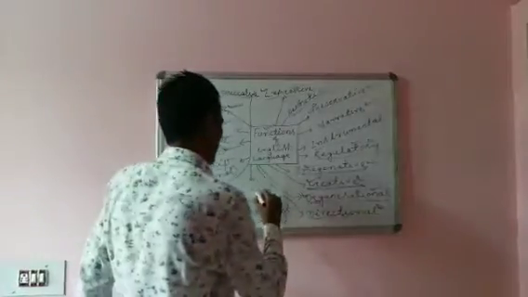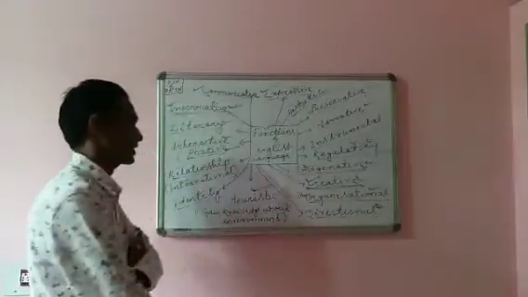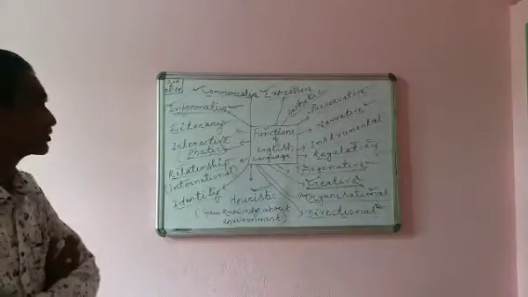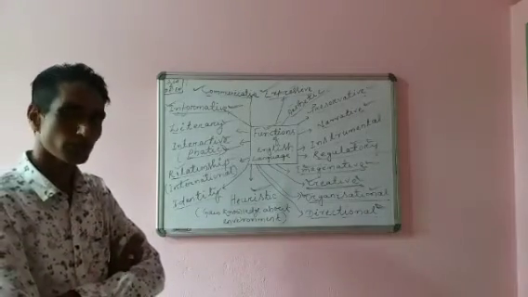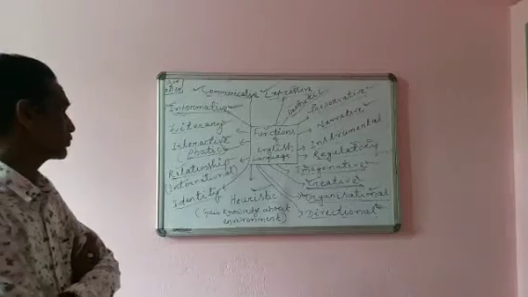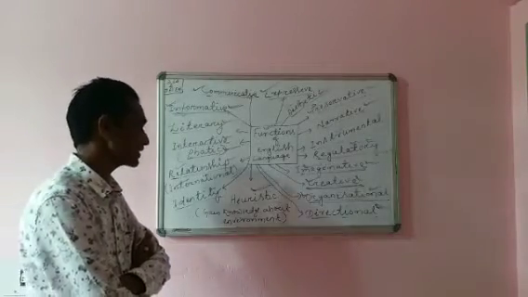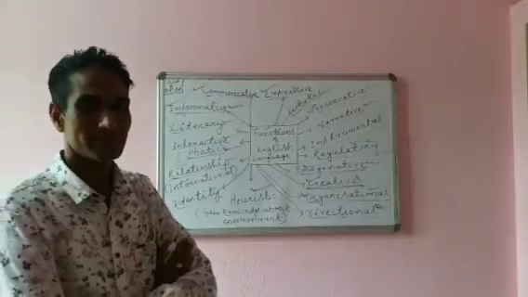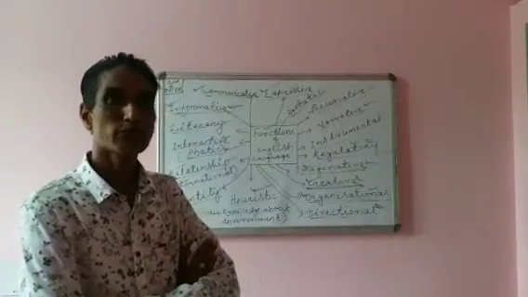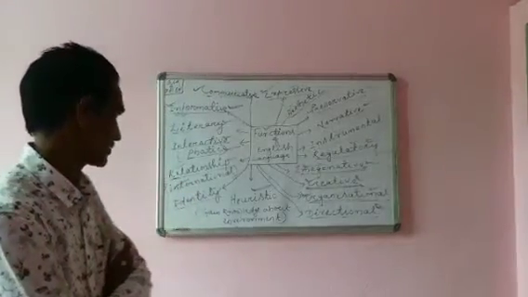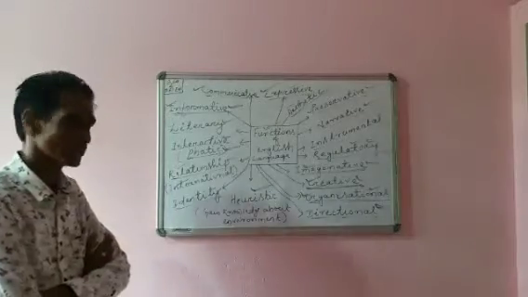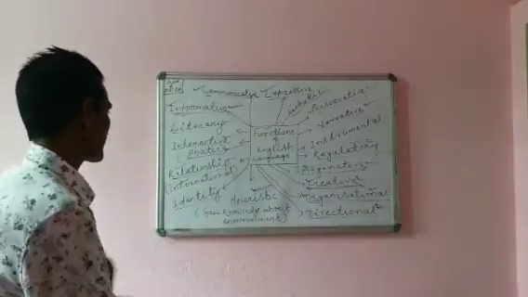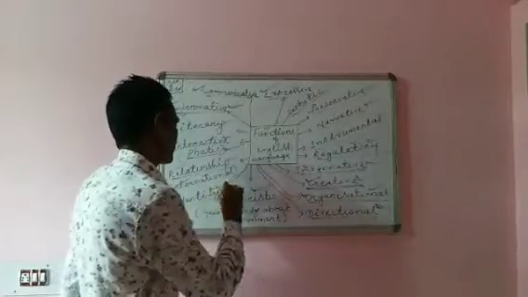Next is heuristic. Heuristic means putting the individual in such a situation out of which he or she will gain knowledge about the environment. It is related to heurism, and that is heuristic function of language. Next is identity function.